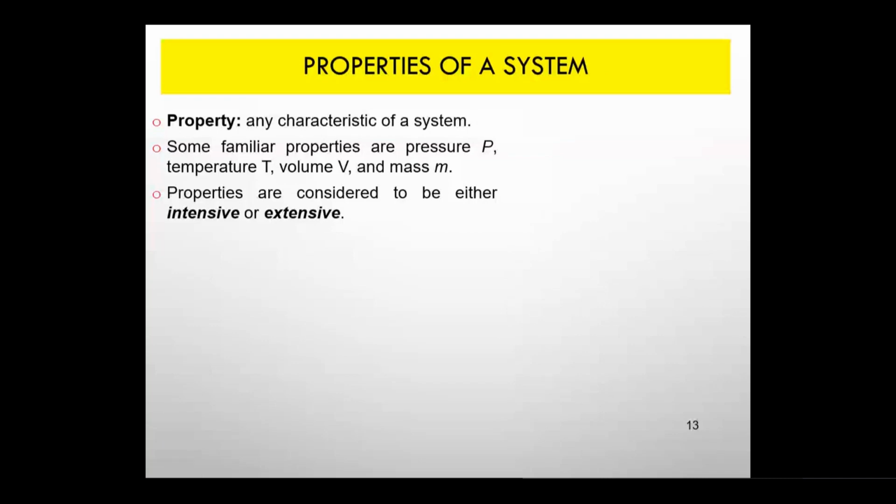All intensive properties are expressed in terms of small letters. Clear enough? On the contrary, all the extensive properties, with the exception of mass, are expressed in capital letters. Volume, how do you write it, small or capital? So volume is an extensive property expressed in capital letters. All the extensive properties are expressed as capital letters with the exception of mass. Clear enough?